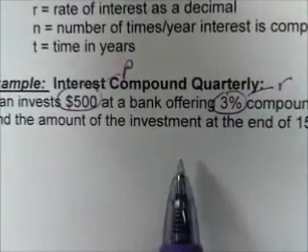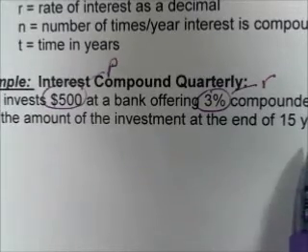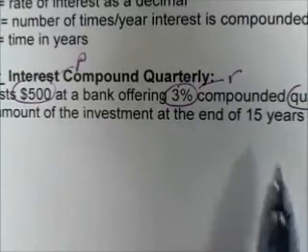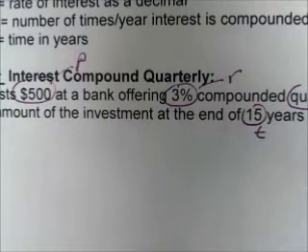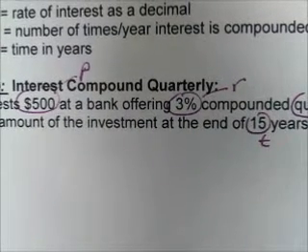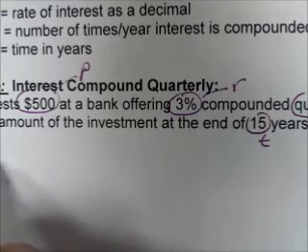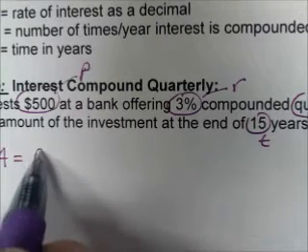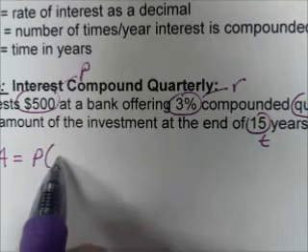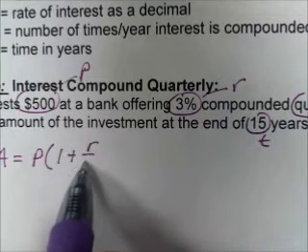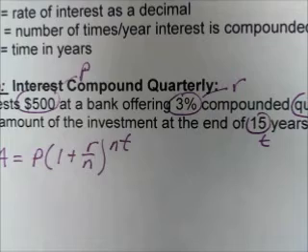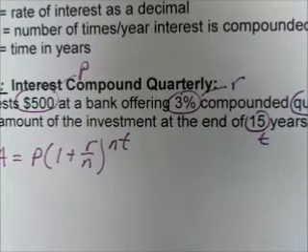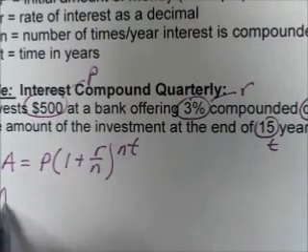Find the amount of the investment at the end of 15 years if untouched. So 15 is our t value. So we take the formula A equals P times 1 plus r divided by n raised to the nt, and we substitute our values into the formula.